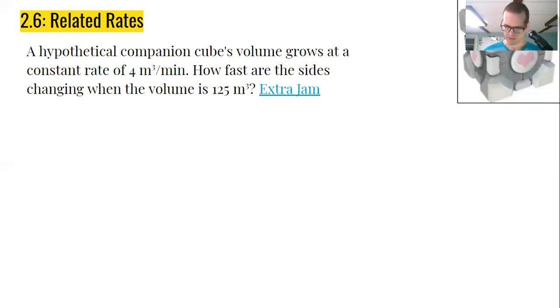So from there, we want to start plugging things in. I have the volume, when the volume's 125 meters cubed. And I also have the rate the volume's changing, at 4 meters cubed a minute. So there's the rate the volume's changing.